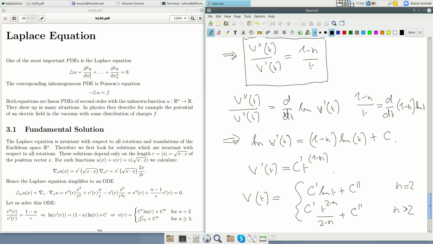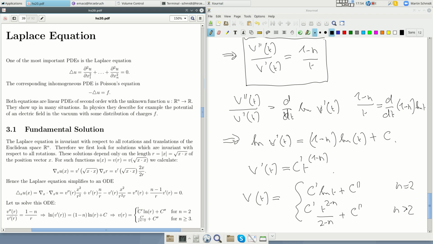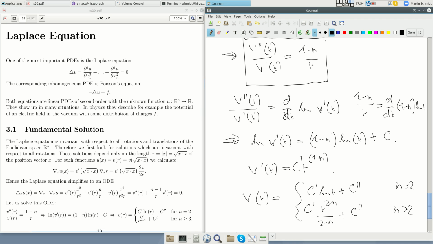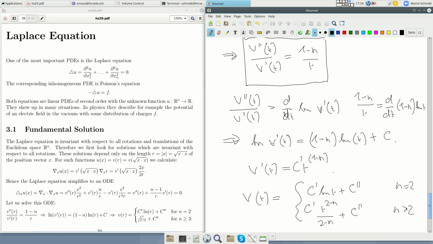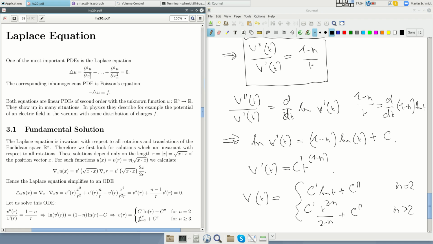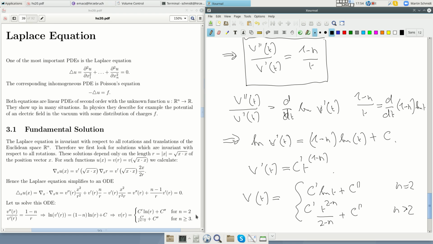Okay, so here we have written this in this form. This means this constant here is a different constant than this constant here. But these are clearly the same, just this constant is another than this constant. It differs by this factor.